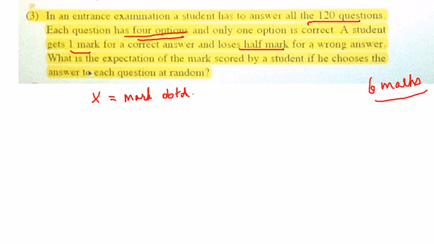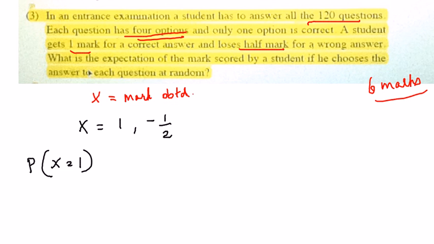Now what are the values that X can take? X can take either the value 1 if he answers correctly, or it can take the value minus half, right, if he is going to answer the question incorrectly. So what is the probability when X is equal to 1?